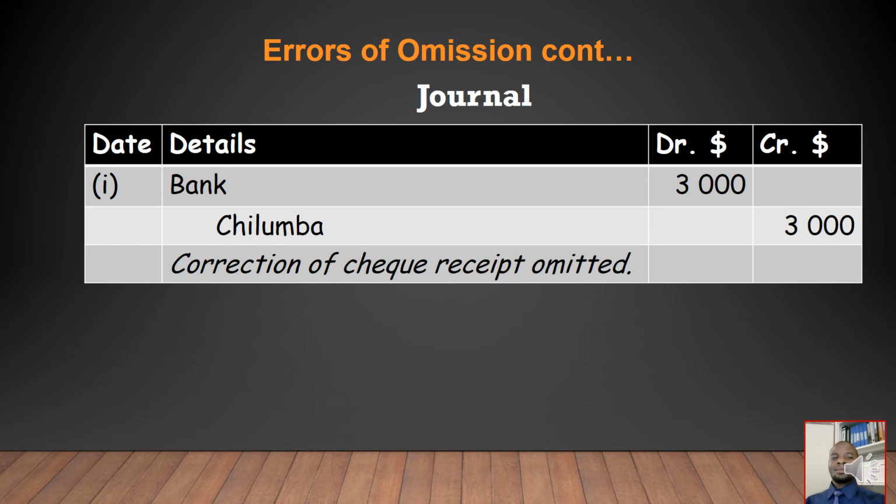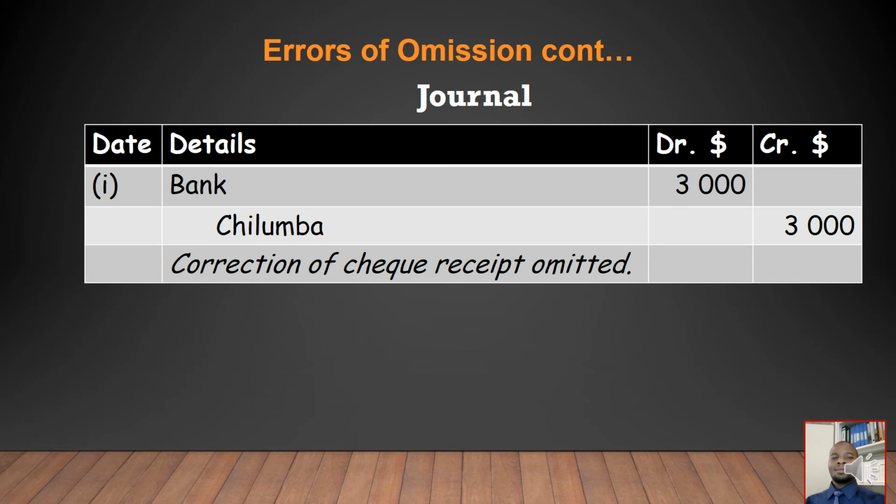We shall say, to correct this error, we need to debit the bank account and we need to credit Chirumba account. So the journal entries are simply an instruction of how the correction must be done in the ledger accounts.